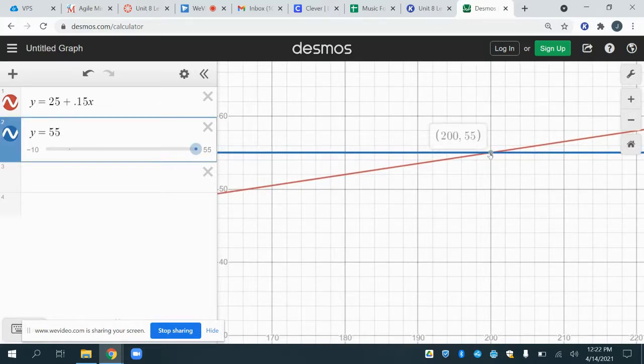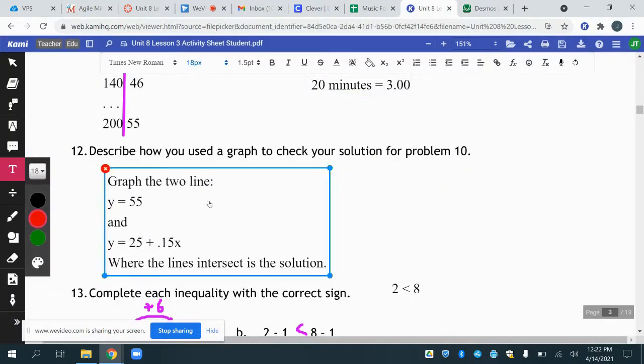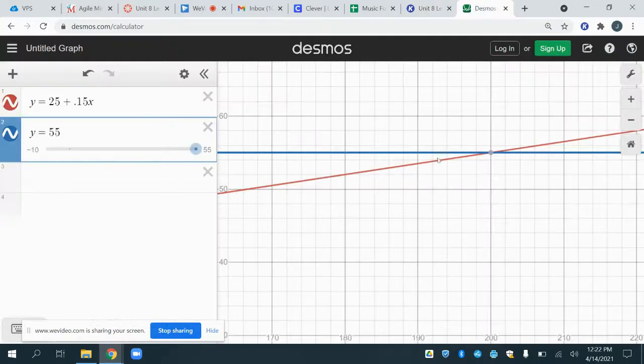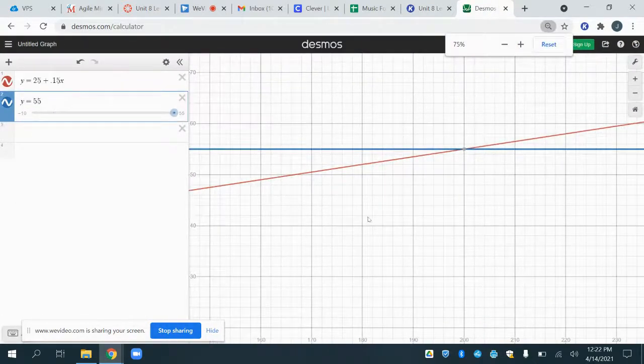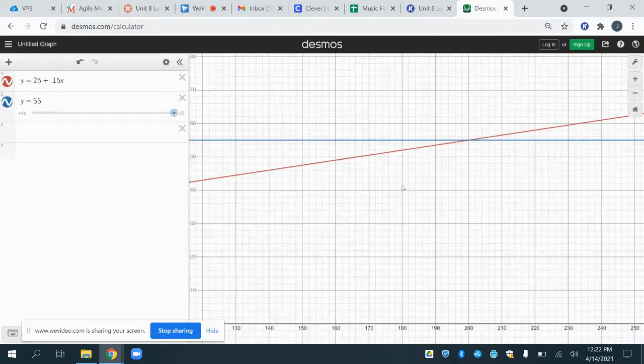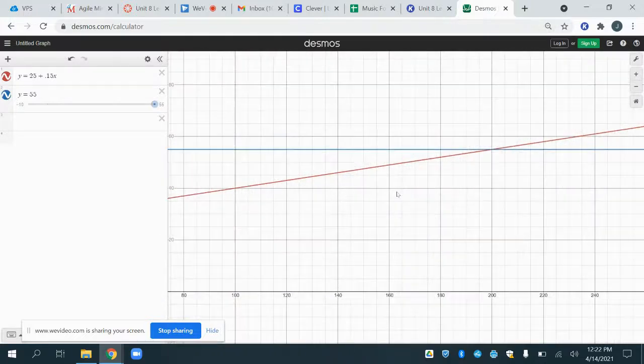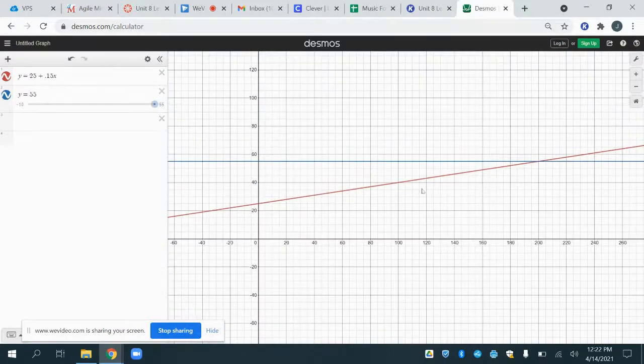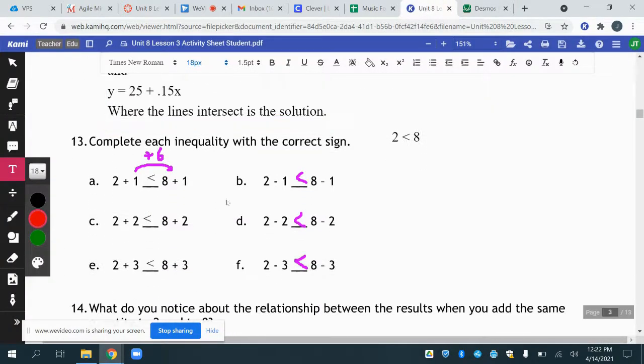In other words, 200 minutes costs $55, just like we found out using algebra. Okay, so that's another way you can solve it. I mean, technically, there are some problems with solving it this way. Pretty big graph, right? It's all way over here, and it's in the hundreds and all that fun stuff. It would not be fun to graph this by hand. It only works because we can use Desmos, really. So probably algebra is better.